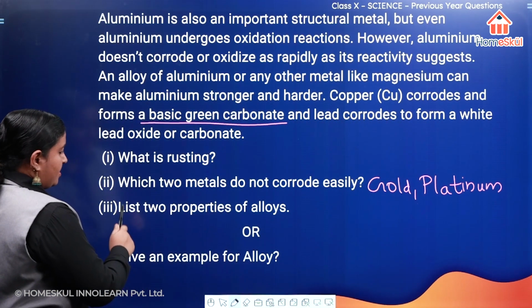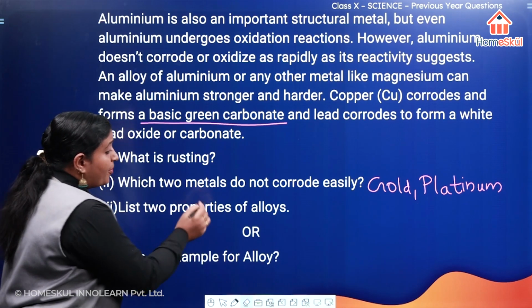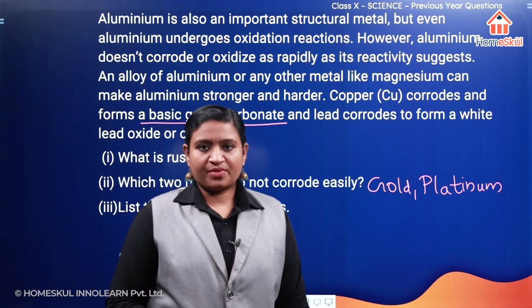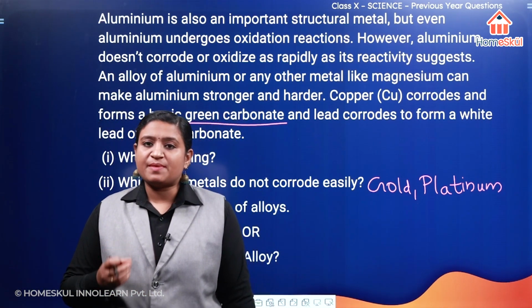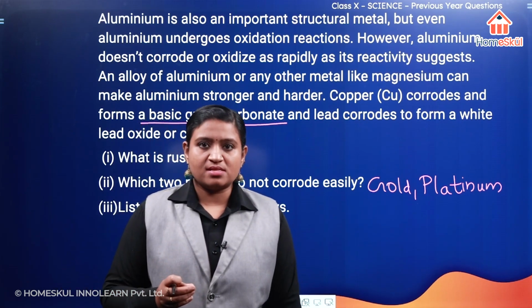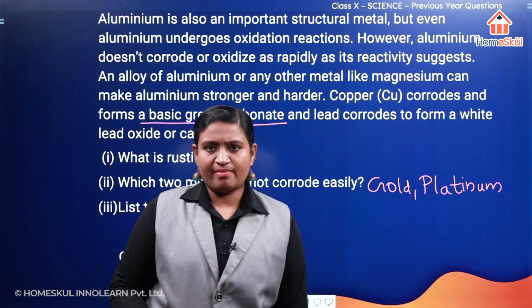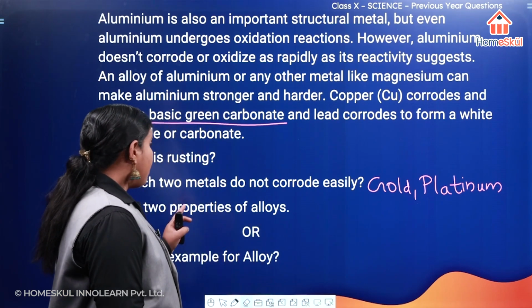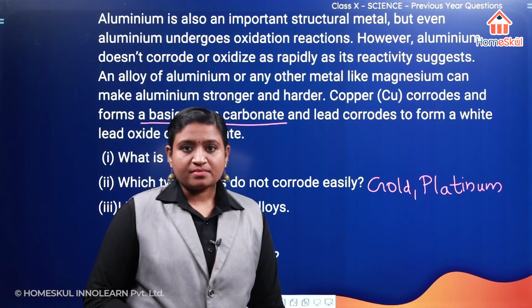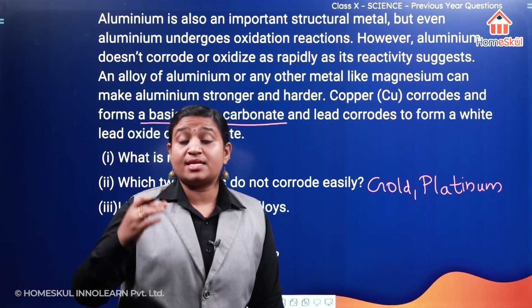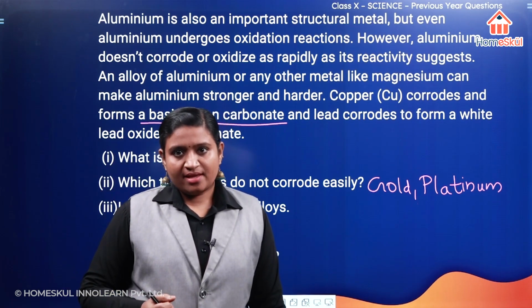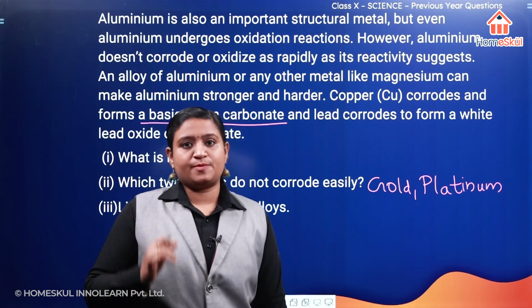Coming to the third question. List 2 properties of alloys. We know alloy is a homogeneous mixture of 2 or more metals, or metal and non-metal, isn't it? And their main properties include they exhibit resistance towards corrosion. Okay, they resist corrosion. That's the first point.